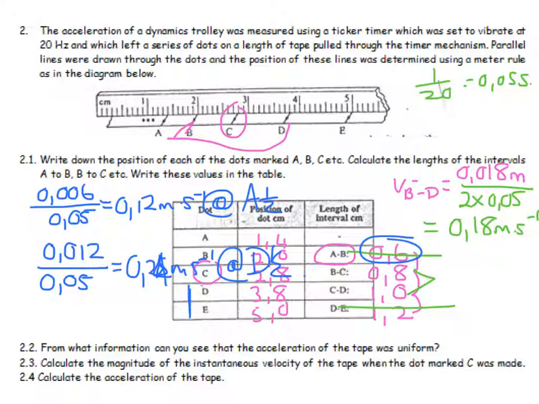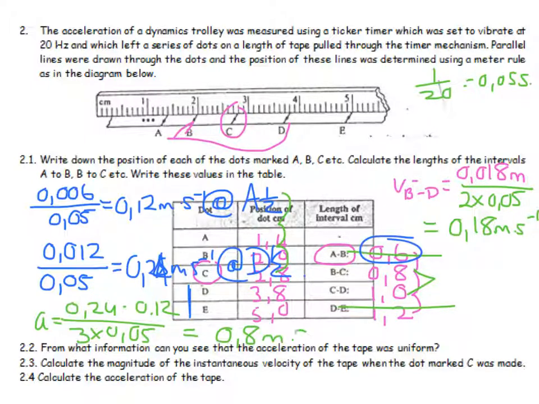And finally, I say acceleration is final velocity minus initial velocity divided by the time. Well, from a.5 to d.5 is to b.5, c.5, d.5. It's 3 spaces, 0,05, and I land up with an acceleration of 0,8 meters per second squared.